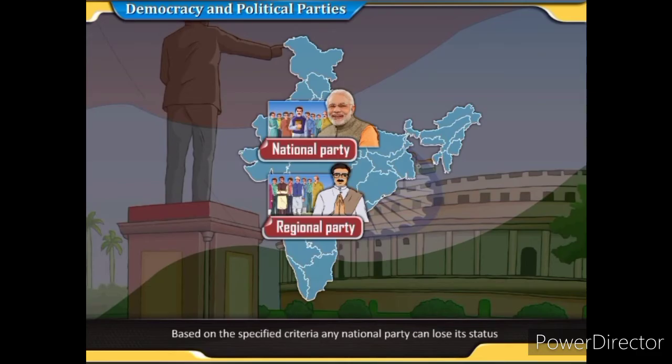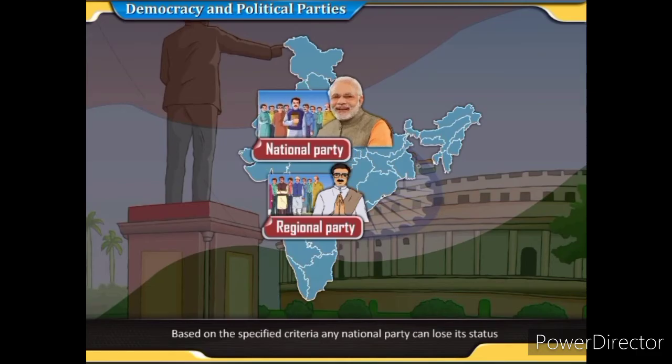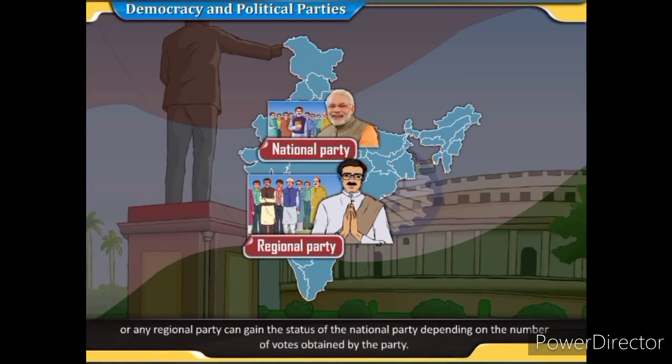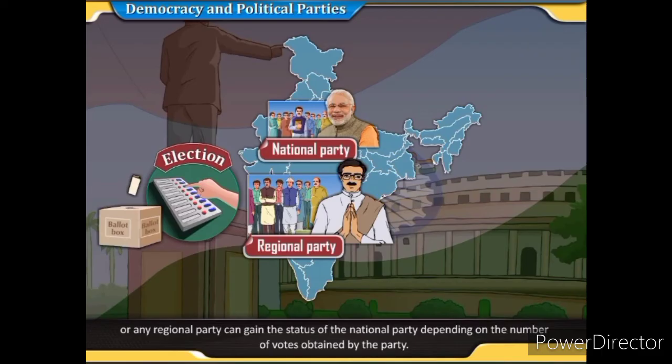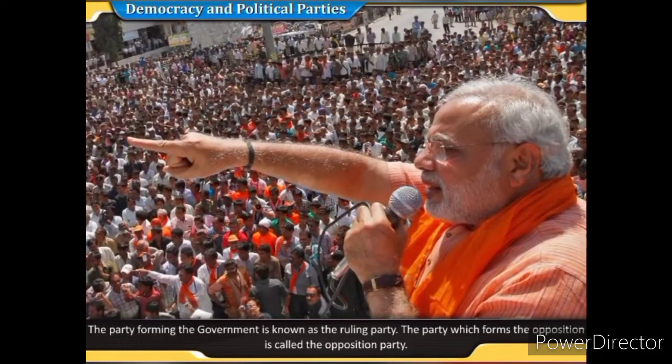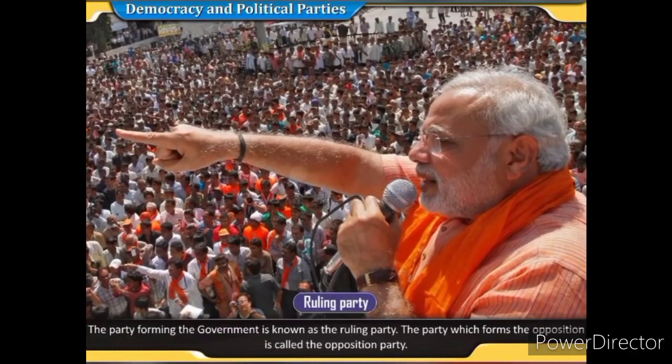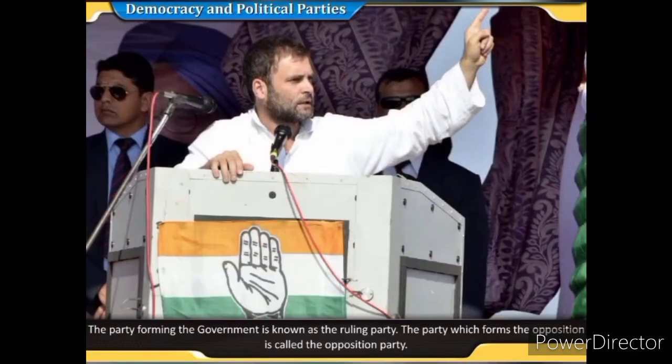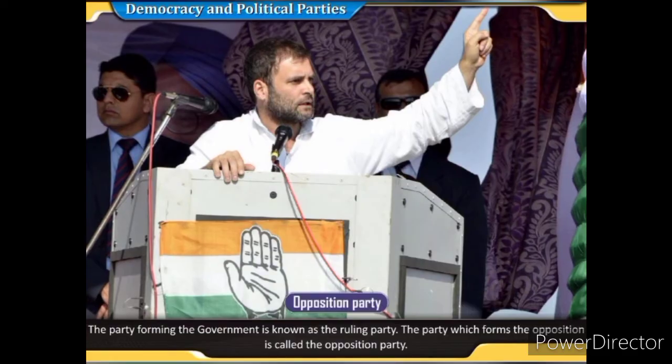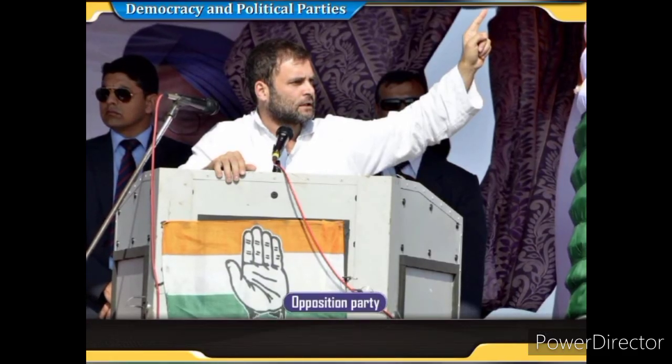Based on the specified criteria, any national party can lose its status or any regional party can gain the status of the national party depending on the number of votes obtained by the party. The party forming the government is known as the ruling party. The party which forms the opposition is called the opposition party.